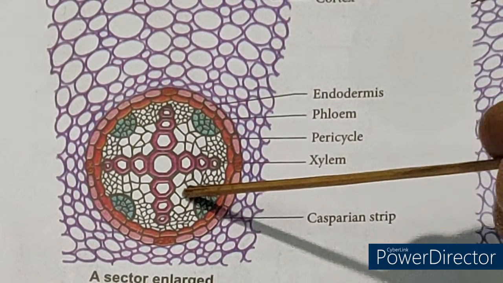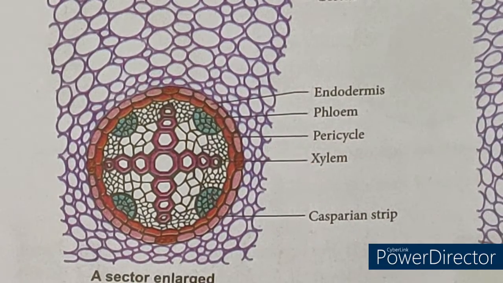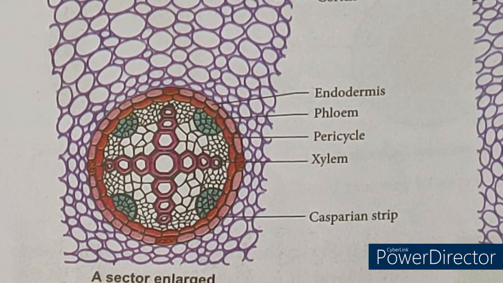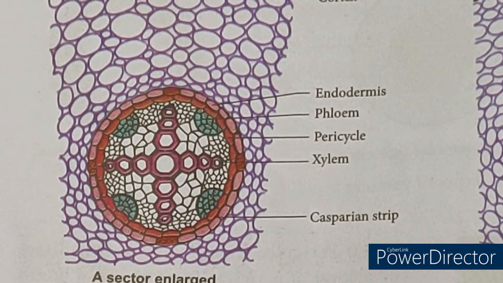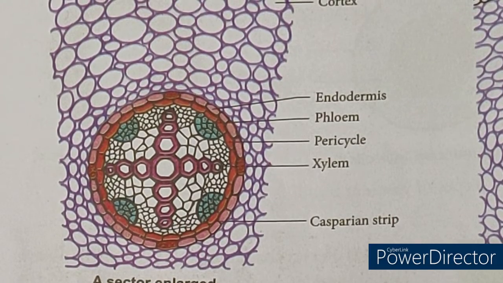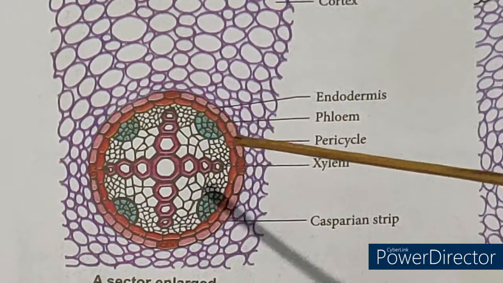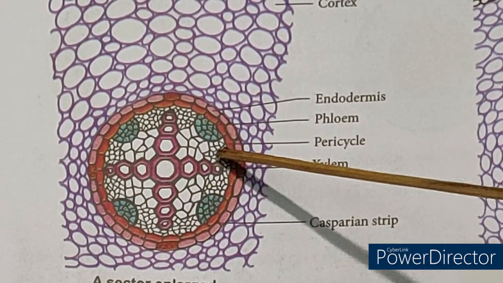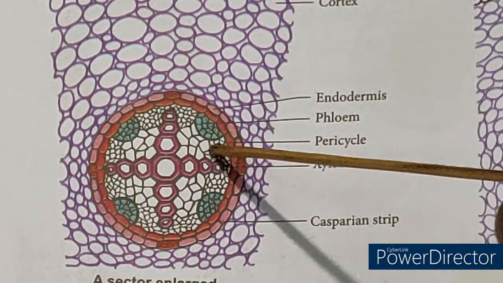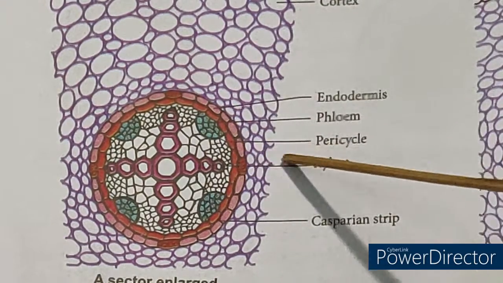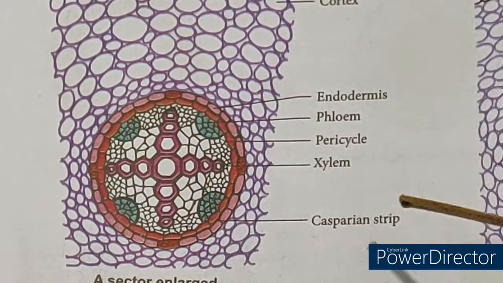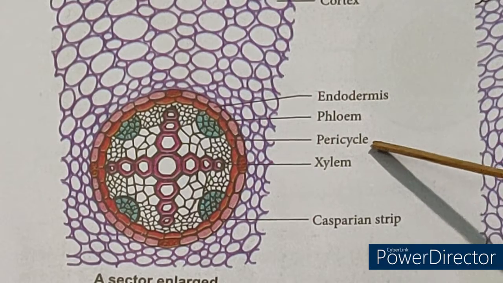Then second is related to pericycle. So pericycle is a single layer, thin walled, and is the origin of lateral roots. From this pericycle some lateral roots arise, that is the significance of pericycle.